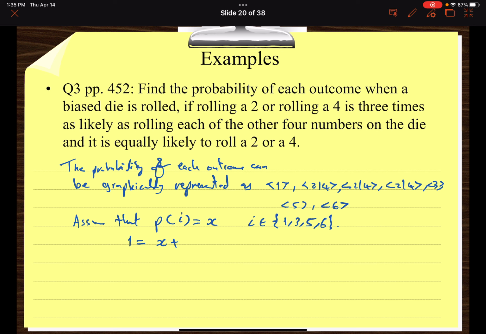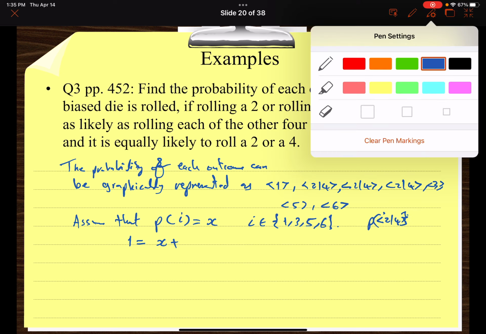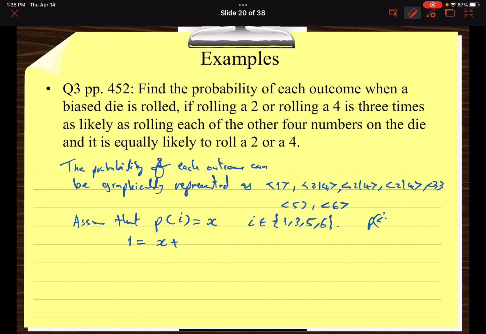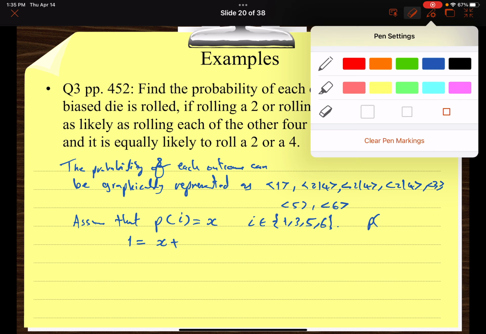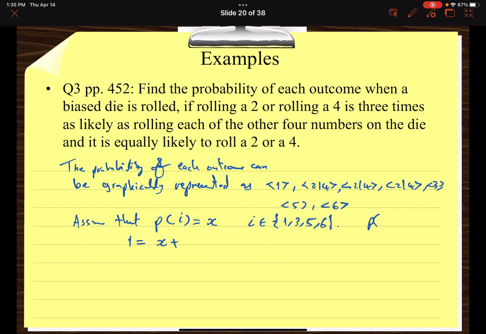So I have the two outcomes. Now, if this is x, what will the probability of 2 or 4 be? We can do it this way. Probability of a 2 or 4 is equal to 3x, right?